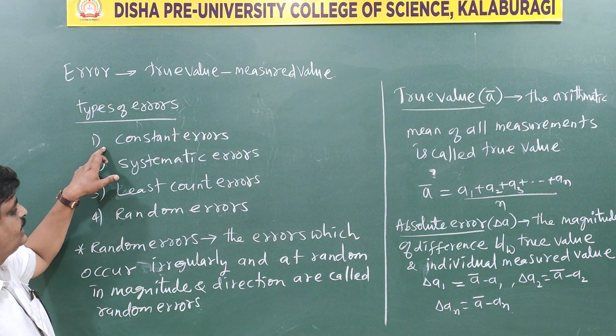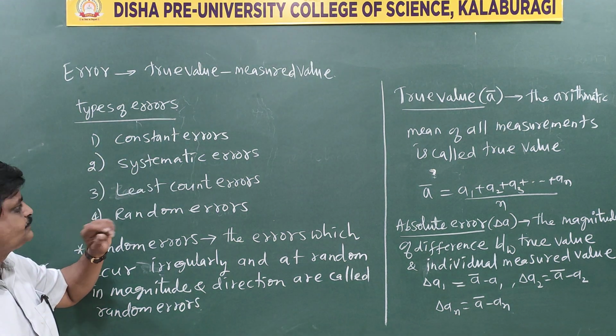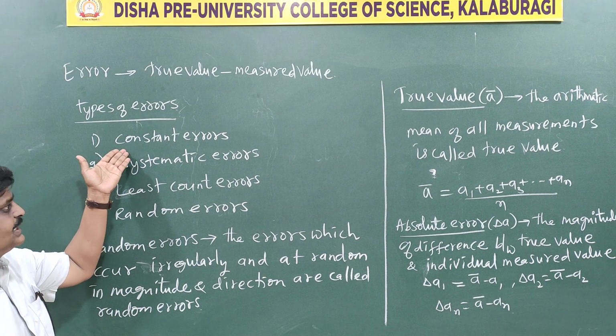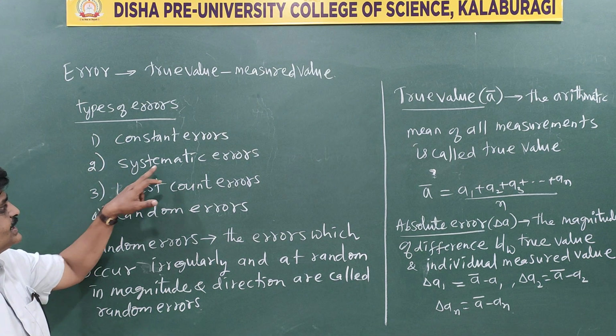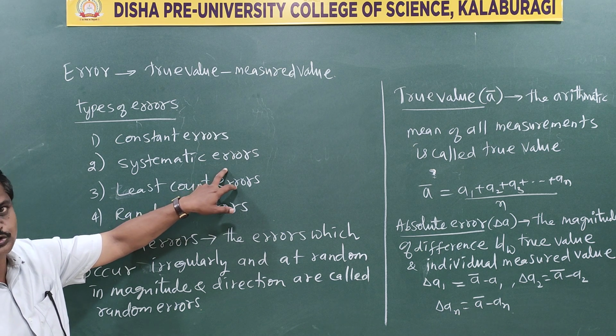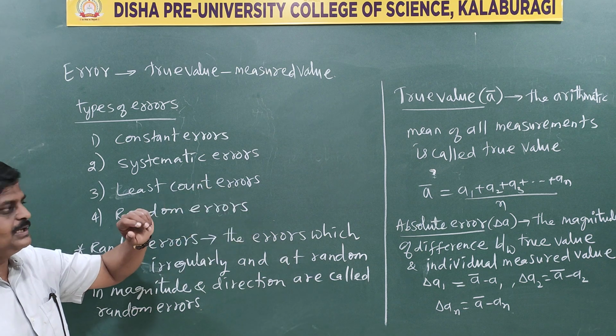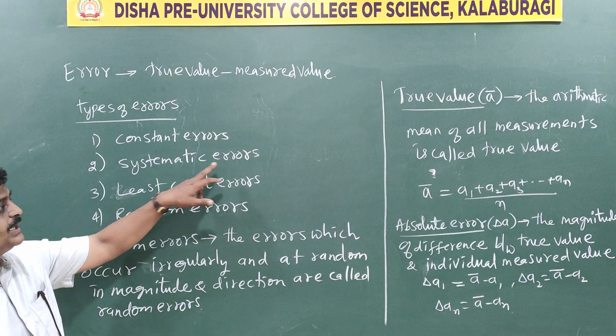So we have listed them out. One is called a constant error, as the name itself indicates. Second one is a systematic error. These errors are related to the instruments. Sometimes you may be given a faulty instrument, that may cause what? Systematic error.